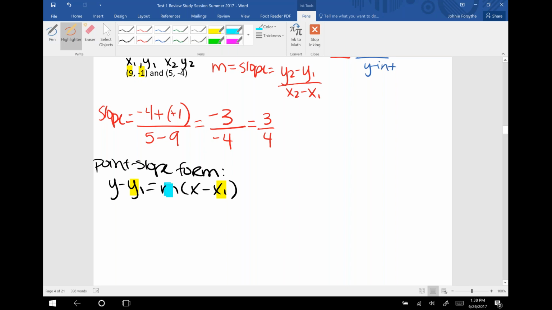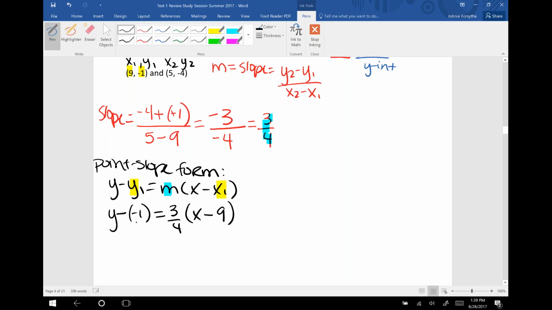And then m is your slope, what we already found. Okay, so let's plug in our numbers. So we have y minus our y value, which is -1, equals m, which we have is 3/4, times x minus x1, which we have as 9.